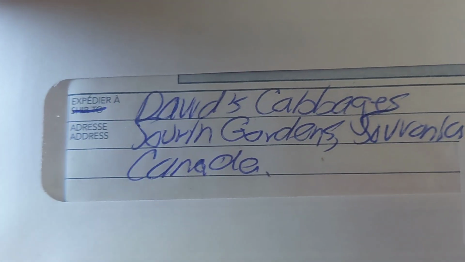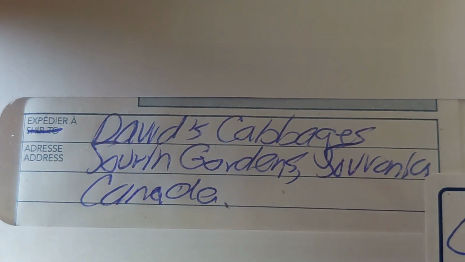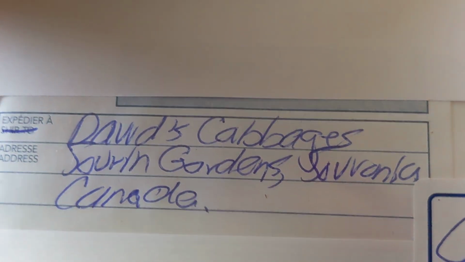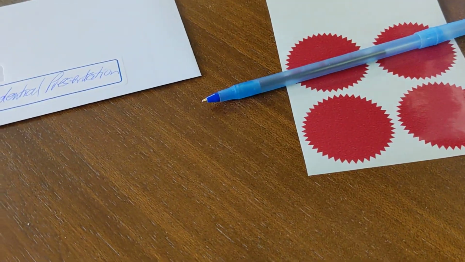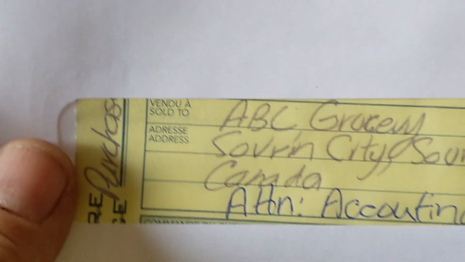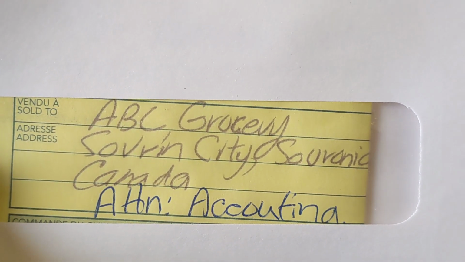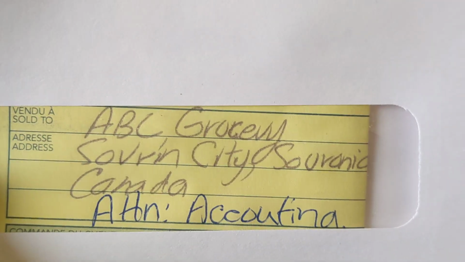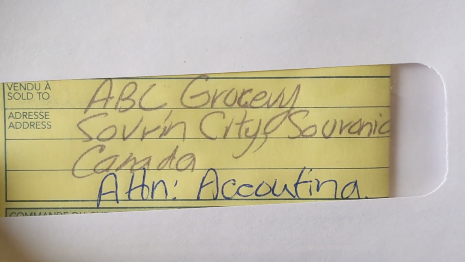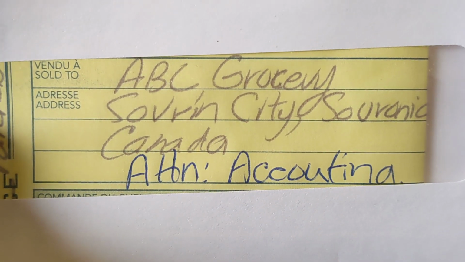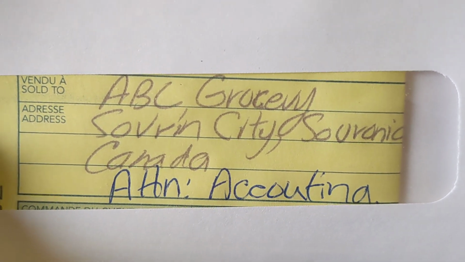So I can talk to a transporter or a courier to have this verifiable credential delivered to David's Cabbages in Sovereign Gardens in Savronia, Canada. And I can have a transporter or a courier deliver this to ABC Grocery through the internal mail, because ABC Grocery is the issuer of the purchase order.